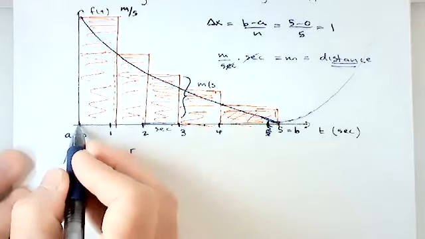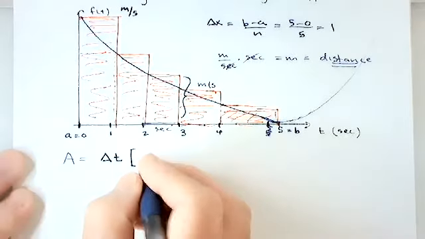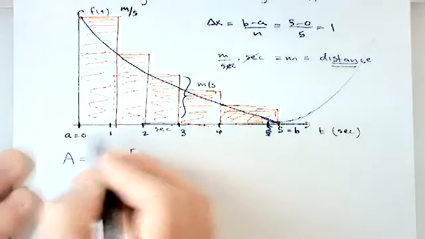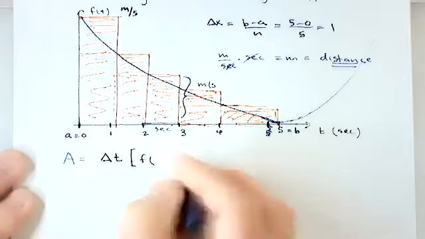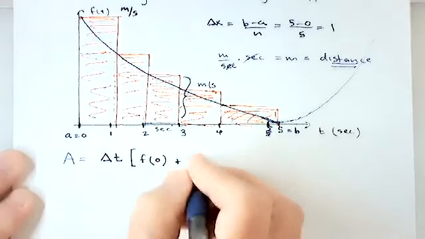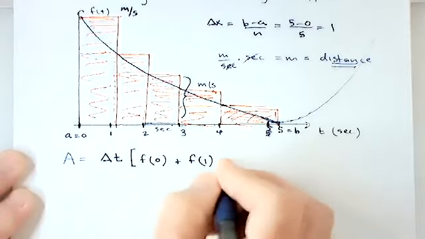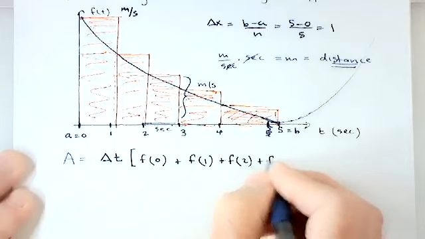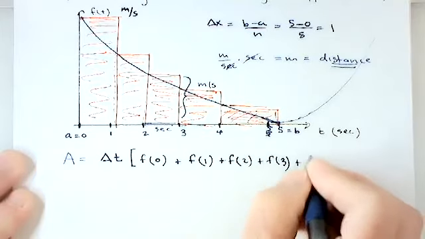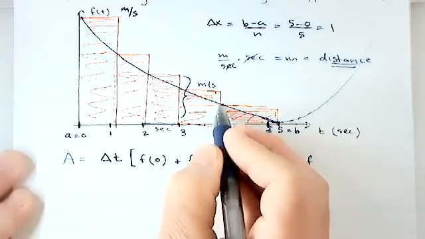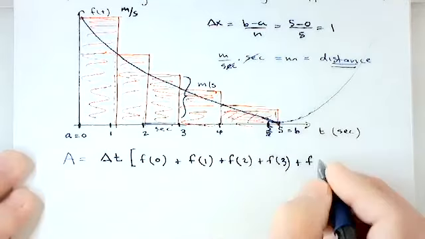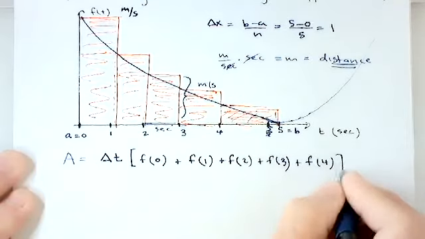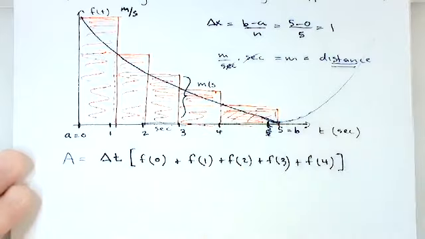And then to get the heights of the rectangles, I want the value of my function at each of these numbers starting with 0. I'd want f of 0 plus f of 1 plus f of 2 plus f of 3. And for left-hand endpoints, the last number that you're going to use that determines the height of this last rectangle is actually 4. You're not going to use the 5 for left-hand endpoints.